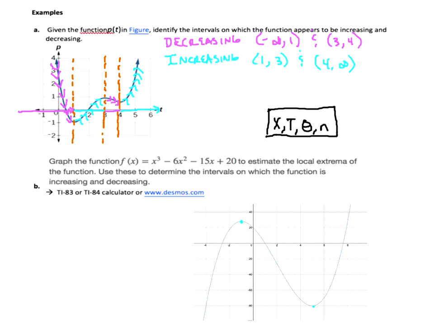Go ahead and type your variable in by hitting that x, t, theta, n key. And then to cube it, you're going to use the raised-to sign, which is all the way over on the right. It's a power key, and it looks like a little rooftop. It's all the way over on the right, right above your operations: addition, subtraction, multiplication, division.